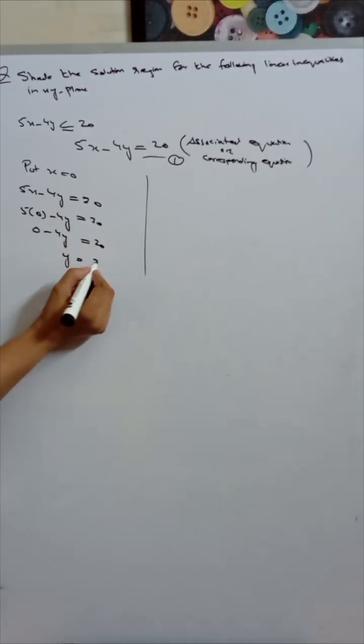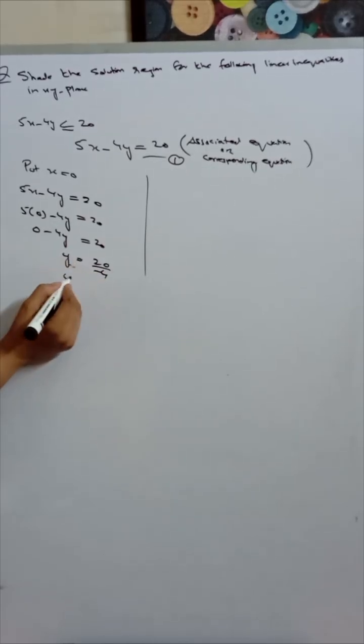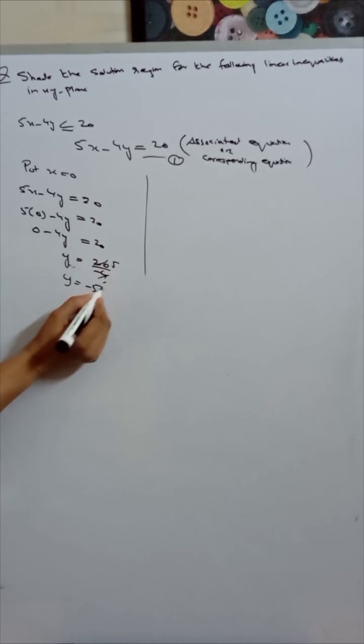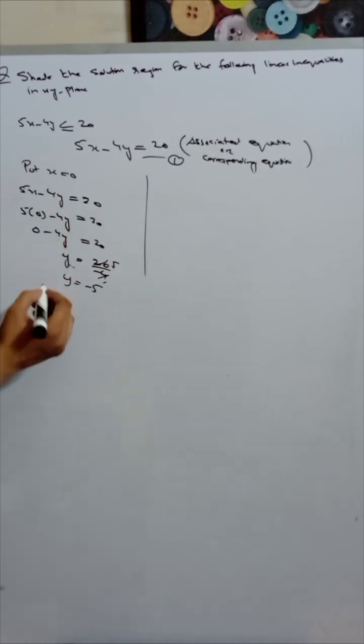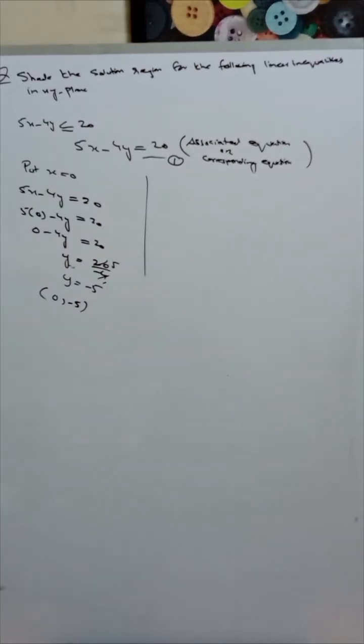And y equals 20 by minus 4. y equals minus 5. So at x equal to 0, y is minus 5. This is our first ordered pair. Any problem here? I hope not.